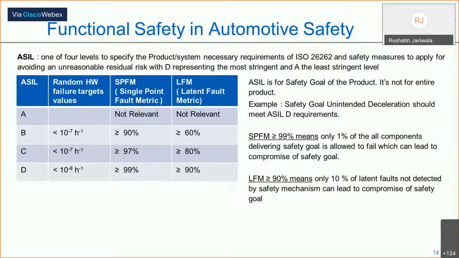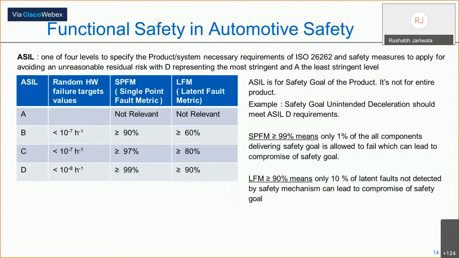So only 10% of failures, or two failures combined together, can compromise the safety function. For the rest, 90% of the total failure modes have to be detected, or there has to be a mechanism to invoke the safe state. So this is, at a very high level, the idea of ISO 26262.